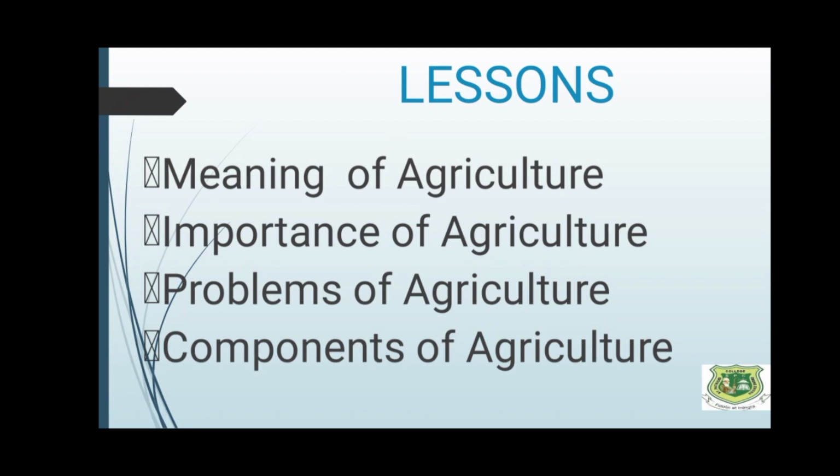Let's look at the components of agriculture. The basic components or branches of agriculture include crop production, forestry, livestock farming, fishing. Let's take them one by one. Crop production.